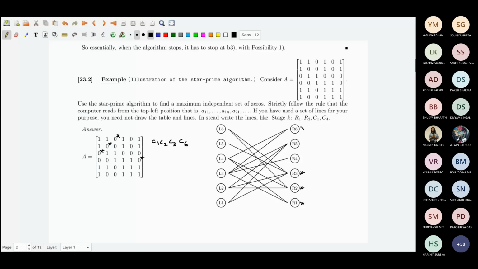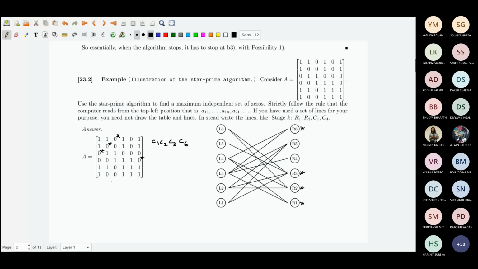What does it mean? See, in a matrix, if you are looking at the first row, the entries that are one don't matter because we are only considering the 0 entries. So if I am looking at the first row, I am just seeing two edges. One goes to 3 and one goes to 5.